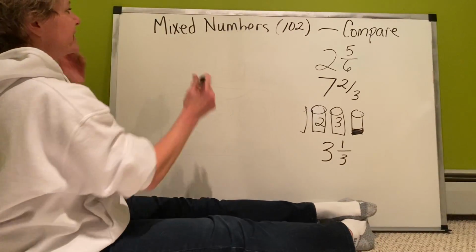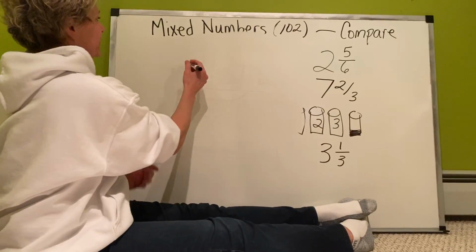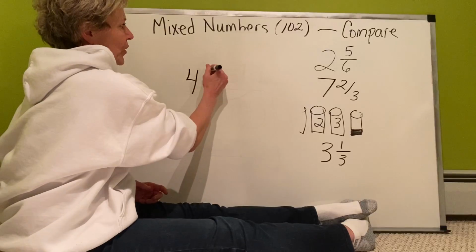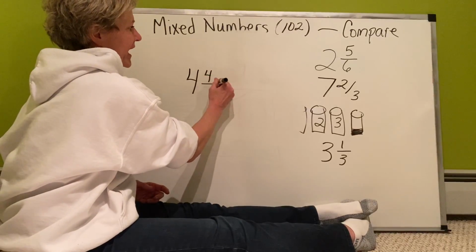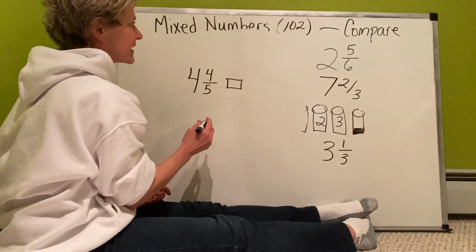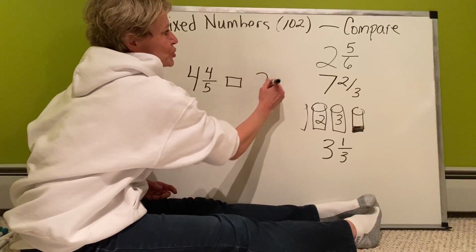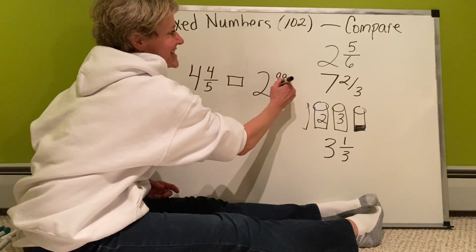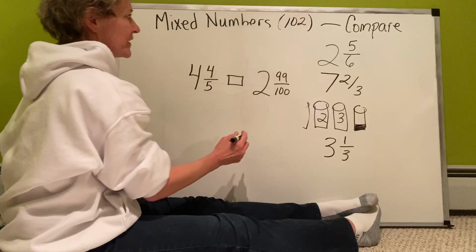All right, say this out loud in your little workspace. Which one would you say is bigger here? What if I had 4 4/5 and I wanted to compare it to 2, wait for it, and 99/100?